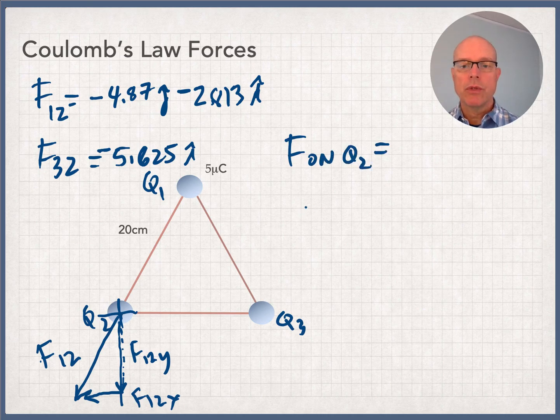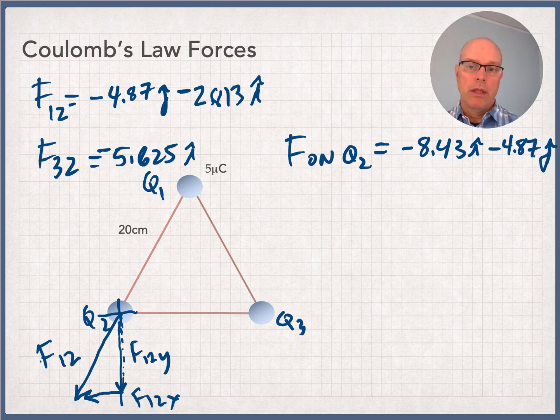I'm going to combine the i's with the i's, and there's nothing to combine with the j's. So what I get is negative 8.43 newtons in the i direction, and my j was minus 4.87 in the j, and there you go.